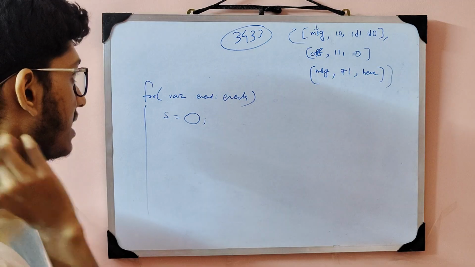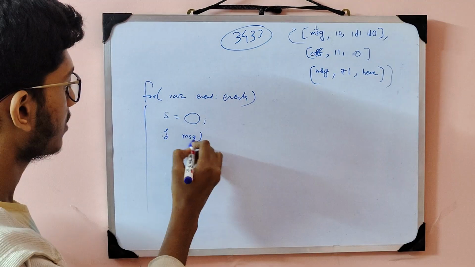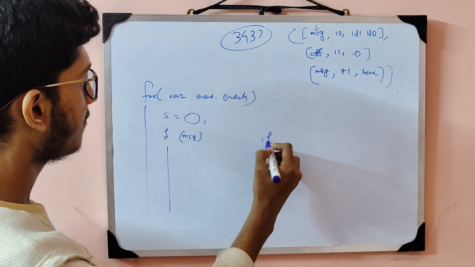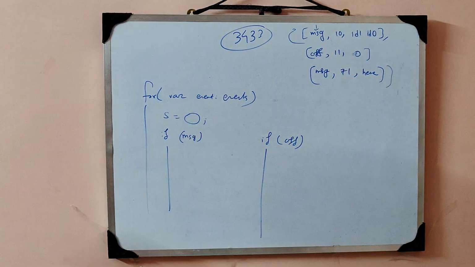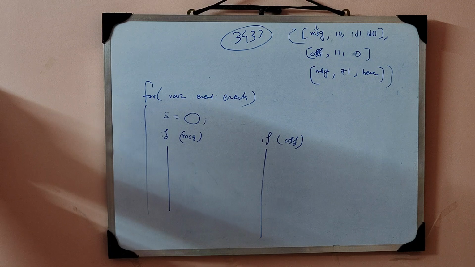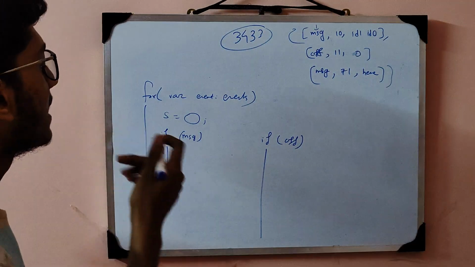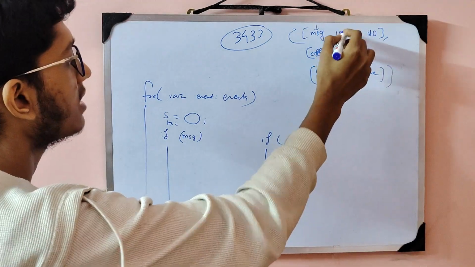And when you have extracted, you need to check if it is of message type, then you need to write some code, and if it is of offline type, then you need to write some other code. You also need to extract the timestamp, to know at what time it is happening.